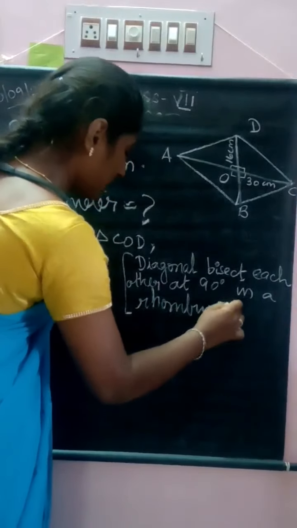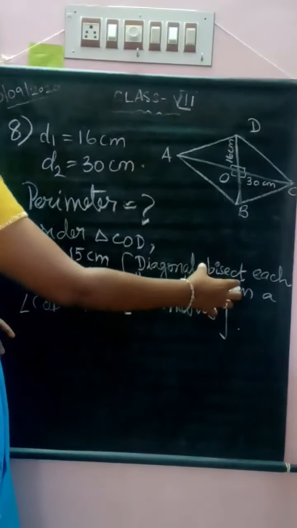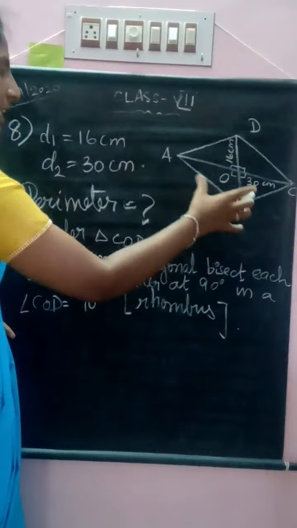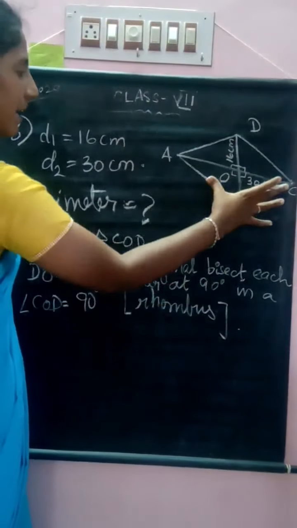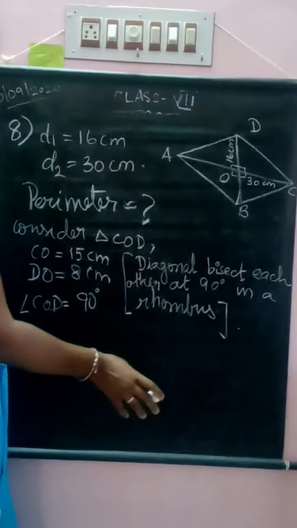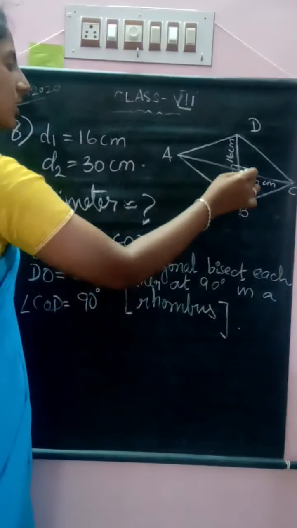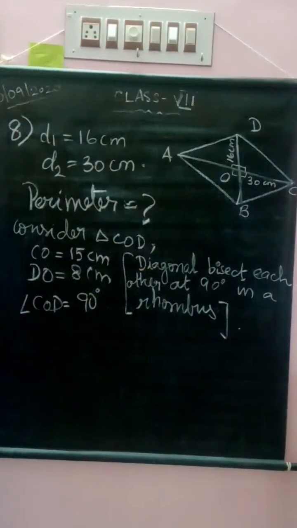Okay, clear? So in a rhombus, bisect means this diagonal divides the other diagonal into two equal parts, and in the same way this diagonal divides the other diagonal into two equal parts, and at 90 degree means each angle formed will be 90 degree. So this is the property of rhombus.